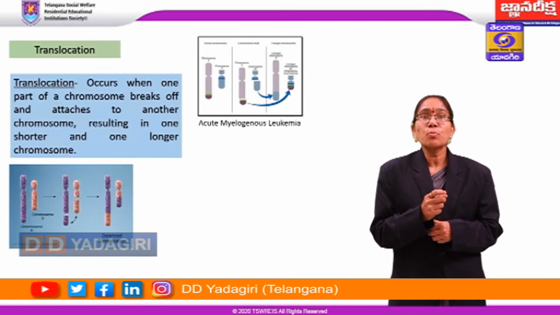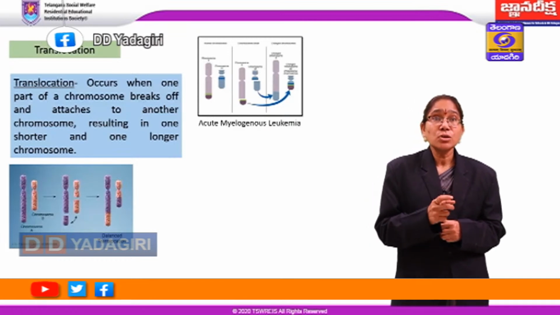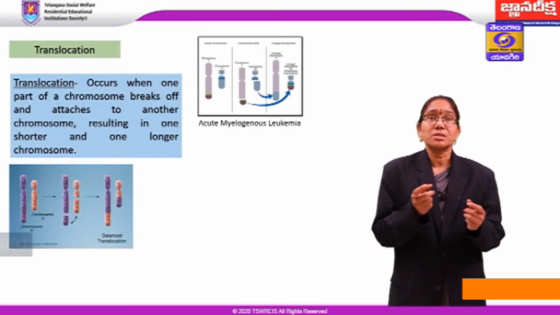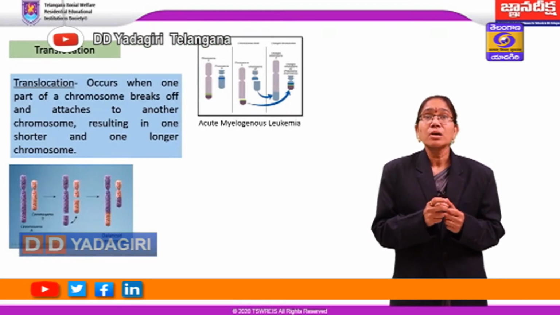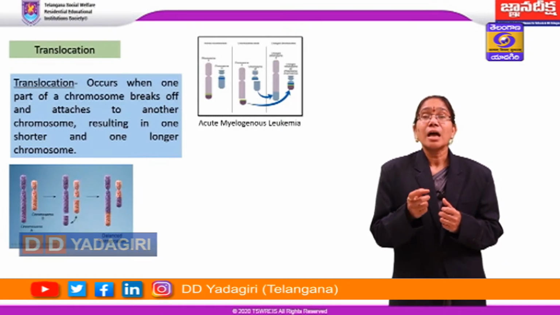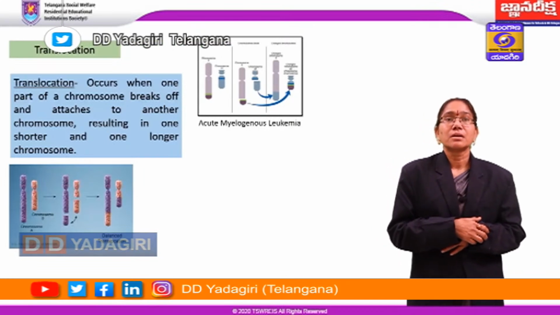The Philadelphia chromosome forms when chromosome 9 and chromosome 22 break and exchange portions. This creates an abnormally small chromosome 22. This leads to acute myelogenous leukemia cancer.